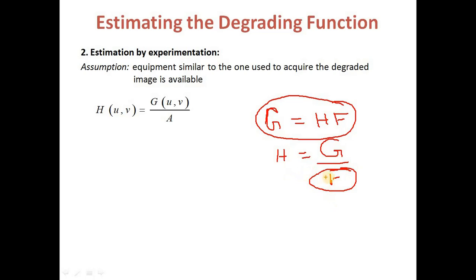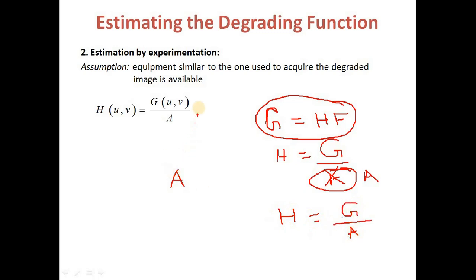In our method, we have given an input to the available equipment which is an impulse, a 2D impulse, and the Fourier transform of a 2D impulse is a constant. So F is A here. So H becomes equal to G upon A.